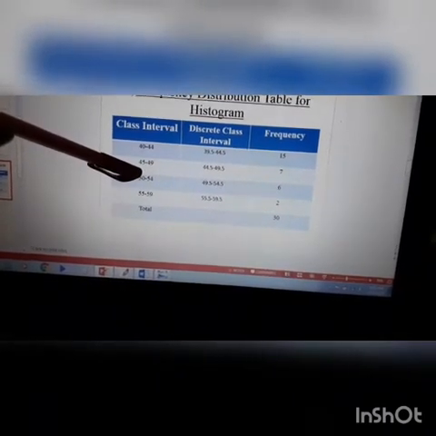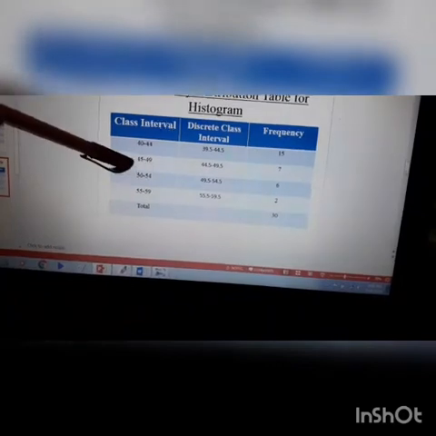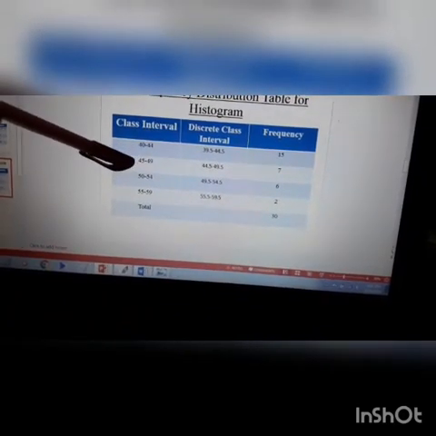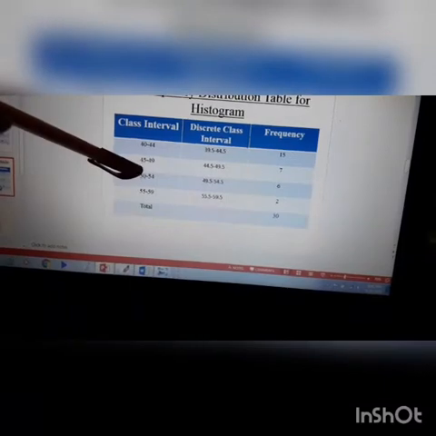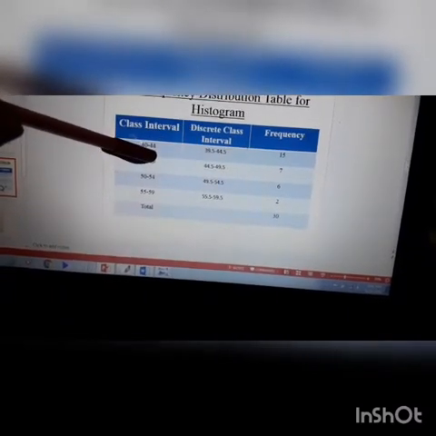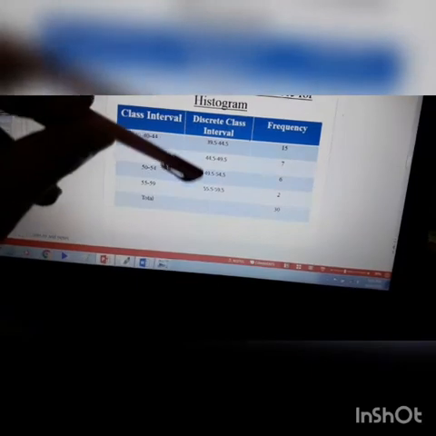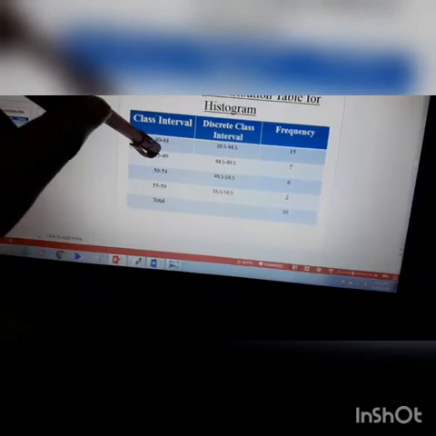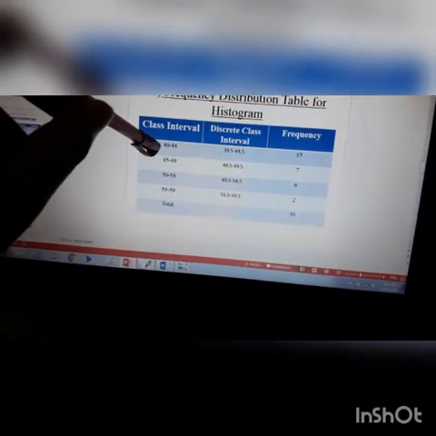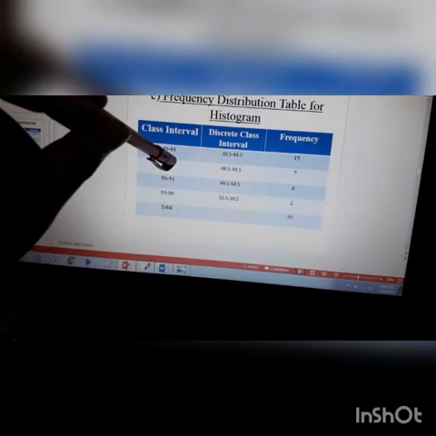Here the upper limit of the first class is 44, and the lower limit of the second class is 45. 44 and 45 are not the same. So to remove the gap between the rectangles, when the upper limit of a class and the lower limit of the next class are not the same, we have to make a new column. That means we subtract 0.5 from the lower limit of each class and add 0.5 to the upper limit of each class.